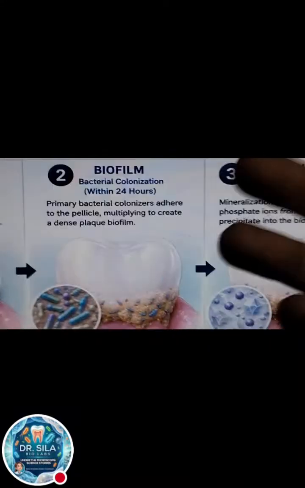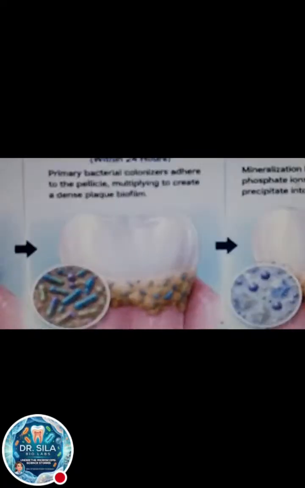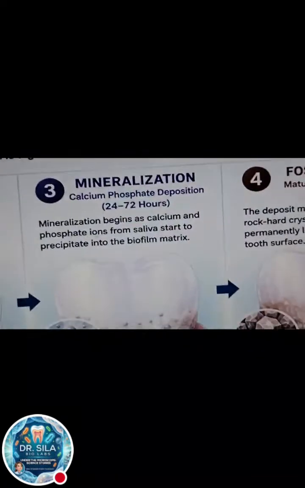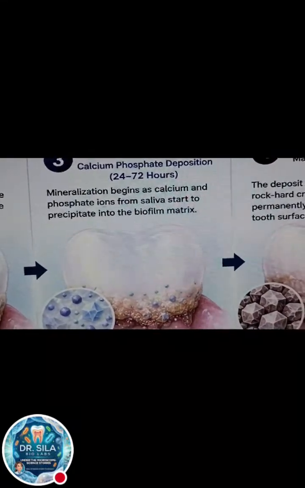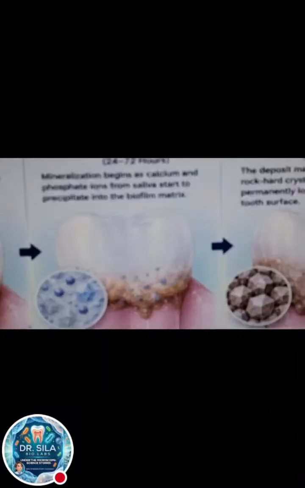Primary bacterial colonizers adhere to the pellicle and multiply to create a dense biofilm. Then mineralization begins. Calcium and phosphate ions from the saliva start to precipitate into the matrix. Then comes fossilization of the plaque, and maturation of the calculus by day 12.